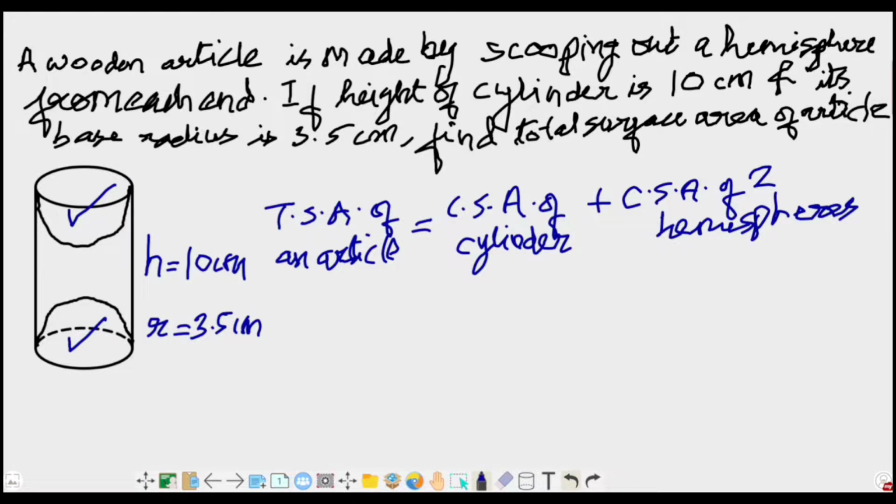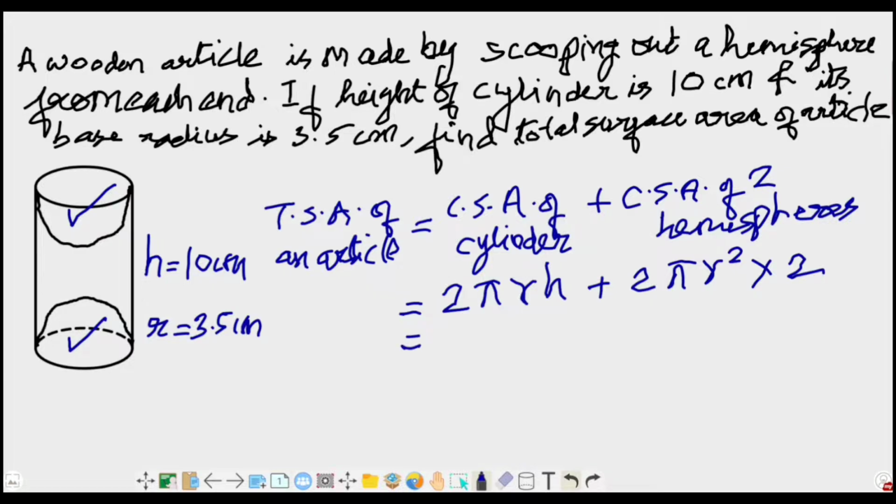Now only the curved surface area is visible to you. You know the curved surface area of a cylinder is 2 pi r h. The curved surface area of a hemisphere is 2 pi r square. But two hemispheres are there, so you have to multiply it with 2.